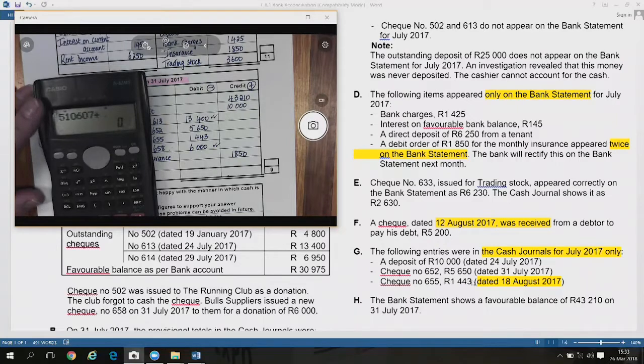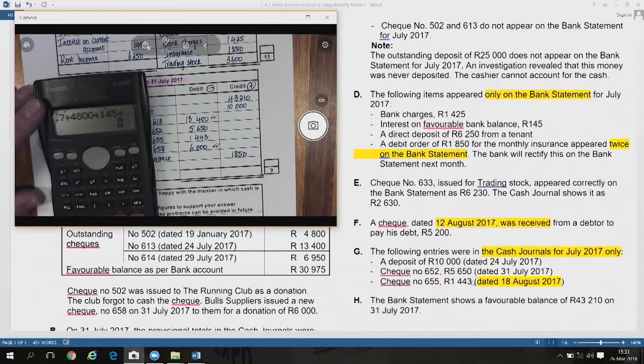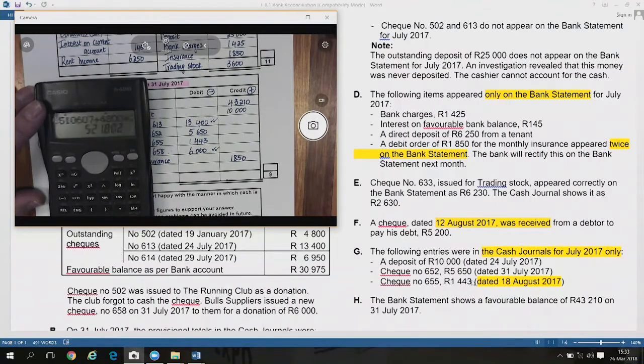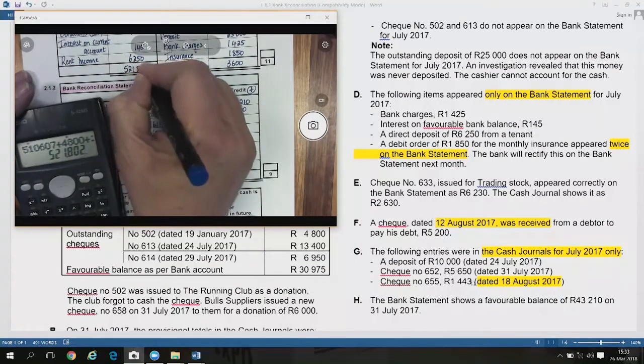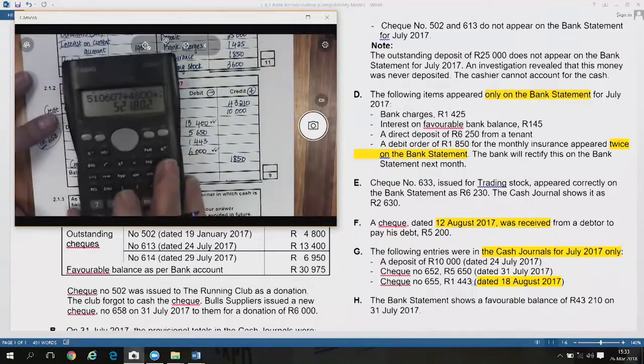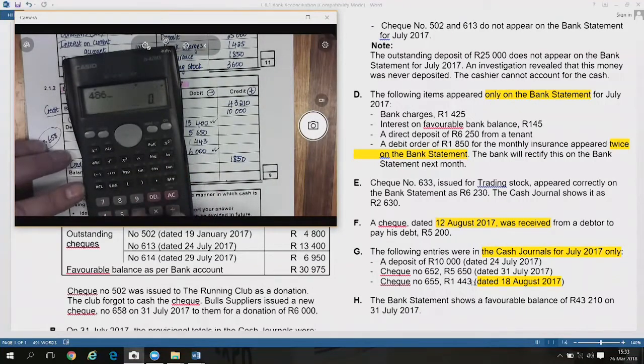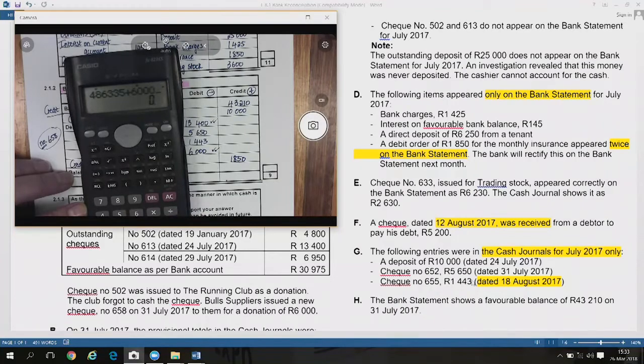510,607 plus 4,800 plus 145 plus 6250, and that equals 521802. On that side, I've got 486,335 plus the new check, plus the 25,000 deposit that we are busy cancelling.